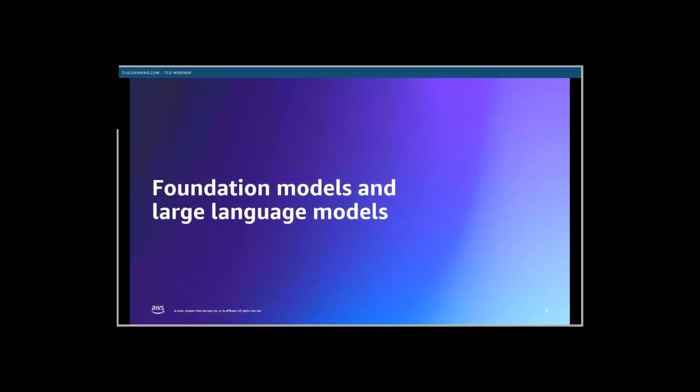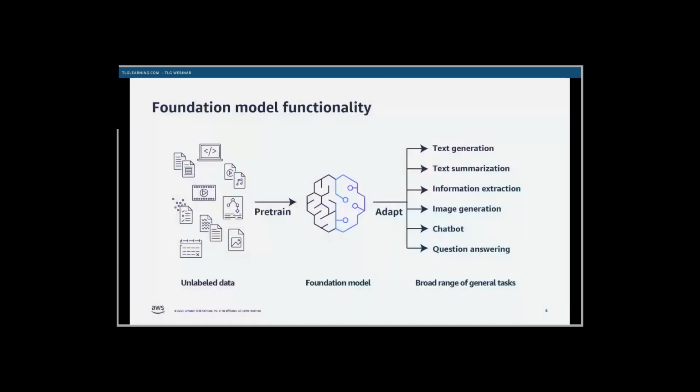So, first, to start with the introduction to foundation models and large language models. We start with an AI. An AI is based on a foundation model, and foundation models can come in different forms.